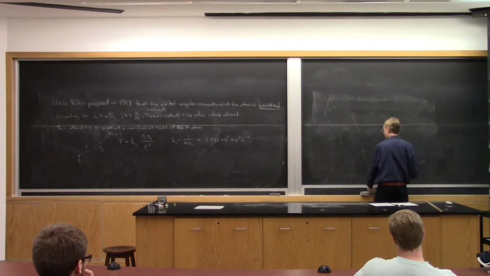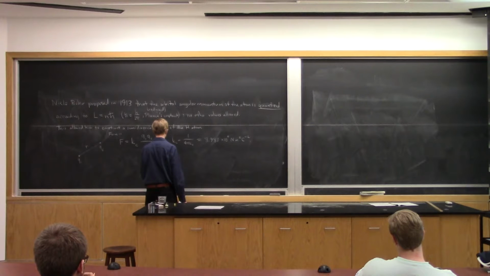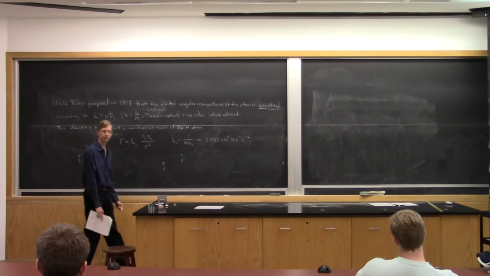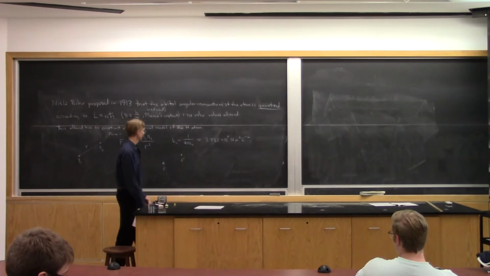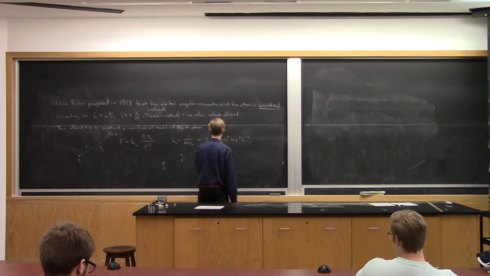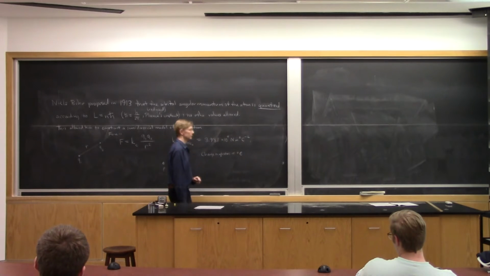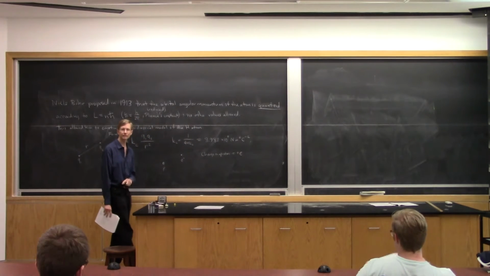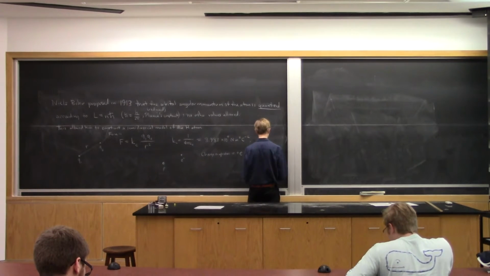So, for our model, of course, what we've got is the proton and the electron exerting an attractive force on one another. Charge on a proton is plus e, charge on an electron is minus e, where that number e is not the base of the natural logarithm, of course.